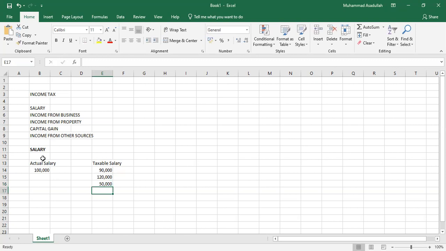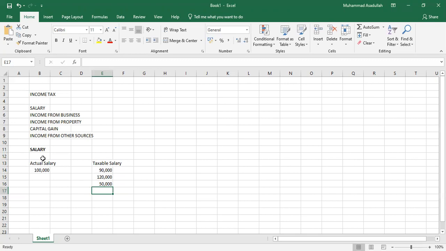It depends upon the rules and regulations of the Income Tax Ordinance. So before calculating tax on the salary, we should know how to calculate the taxable salary from the actual salary. There are some rules which we have to follow.